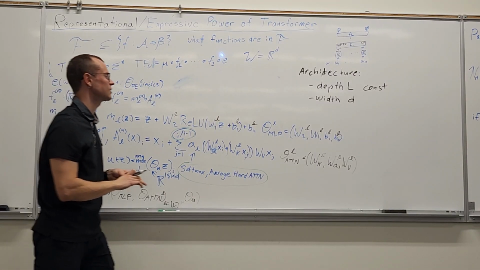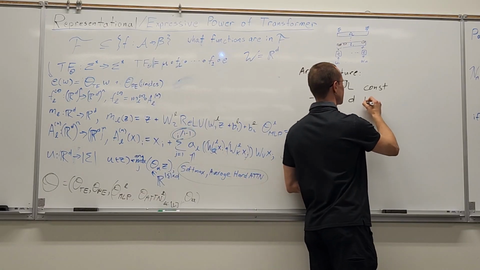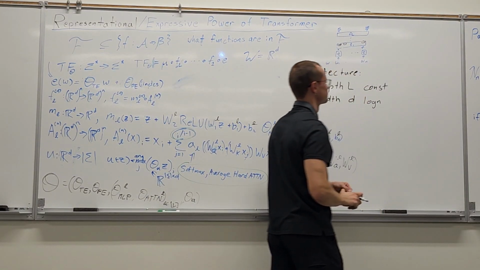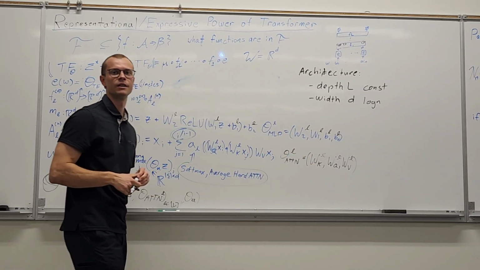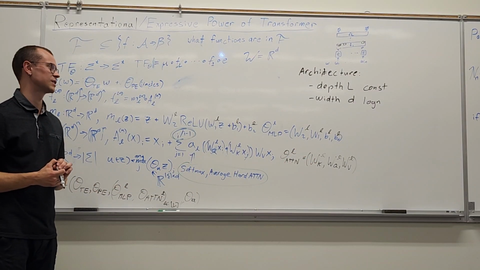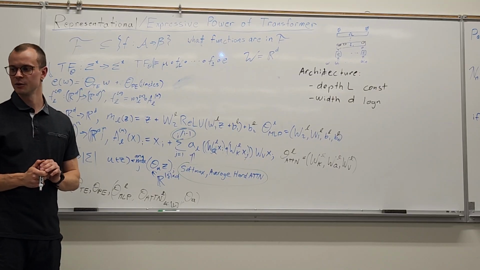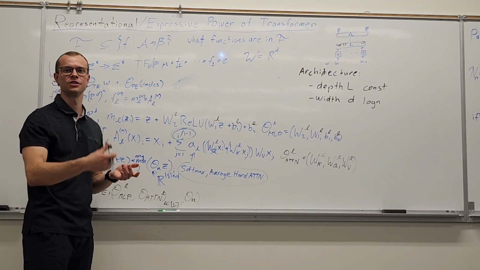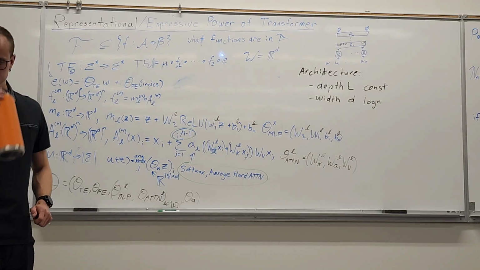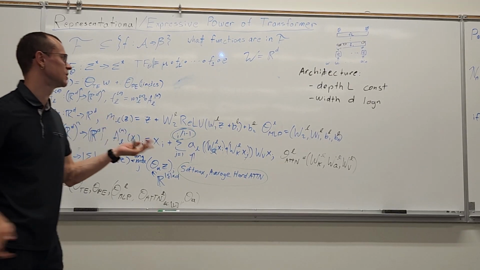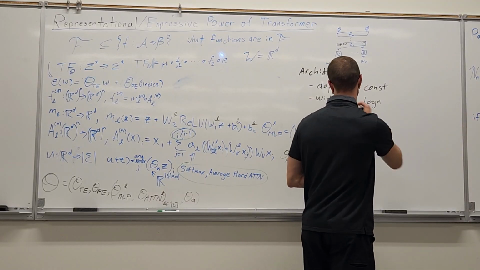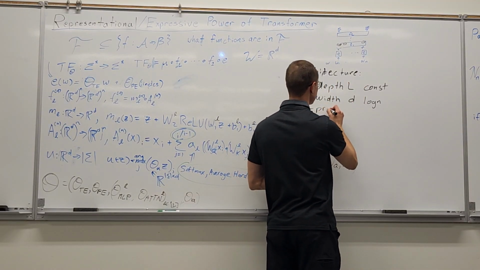To do that, you need D to depend logarithmically on n, so you can use a different binary number for every position. This is the minimal assumption people make on the width, because otherwise you can't encode the positions. If you have a length n input, you need log n bits to encode the position of each token.